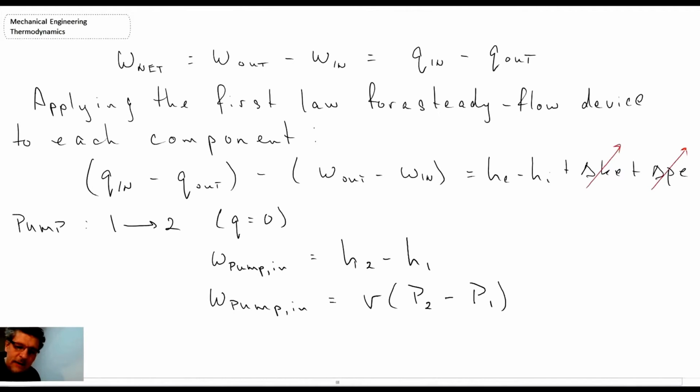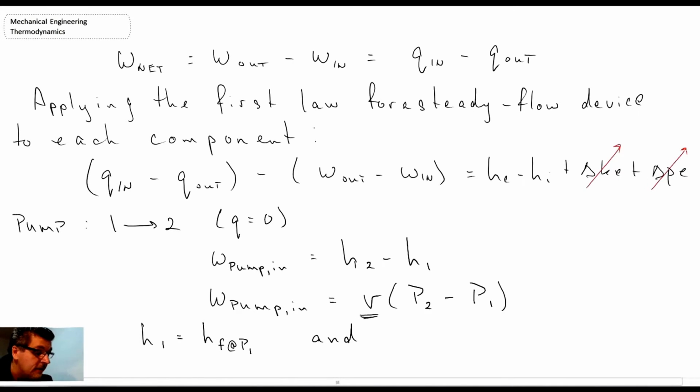Now, in coming up with this equation, we're going to assume that the enthalpy at state 1 we will determine by the enthalpy of a saturated liquid at pressure 1, which makes sense. We go into the steam table and we can get enthalpy there. But how do we handle the specific volume?